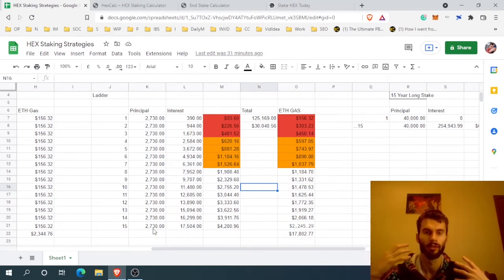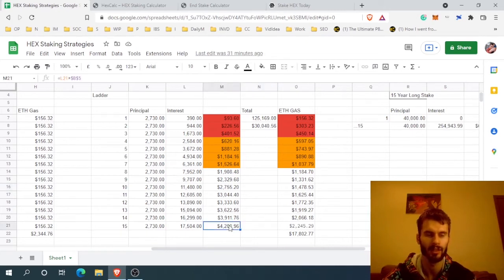So if you have not made it in crypto yet, this is a strategy that you could use to turn your small capital into insane gains. Now in this sheet, I'm only talking about the money that you can make by just staking.